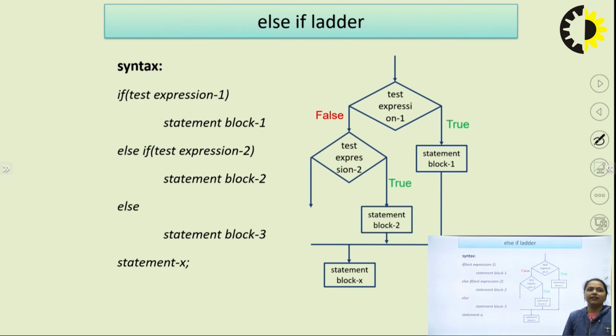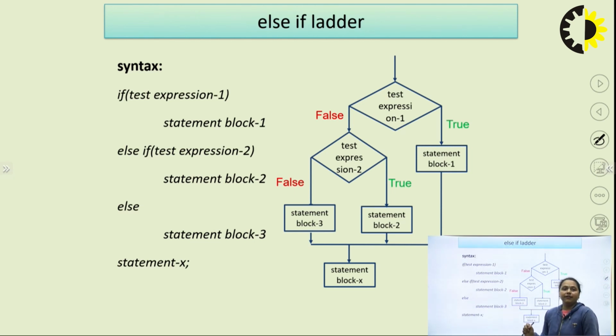Next, we have else if ladder. We have discussed nested if else. There is a difference between nested if else and else if ladder. In nested if else, we are using the if else condition within another if and else. But else if ladder is what? If test expression 1 is there, certain step will get executed.